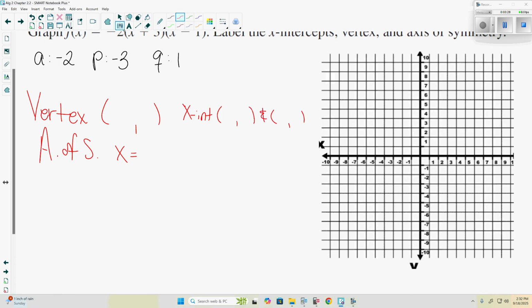Now, the general form for the vertex is p plus q over 2, comma f of p plus q over 2. Axis of symmetry, x is equal to p plus q over 2. X-intercepts are p comma 0 and q comma 0.